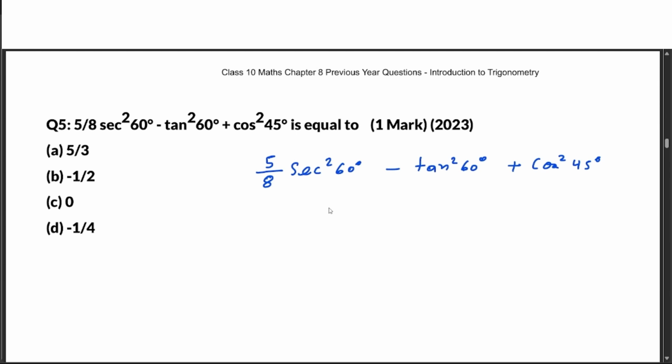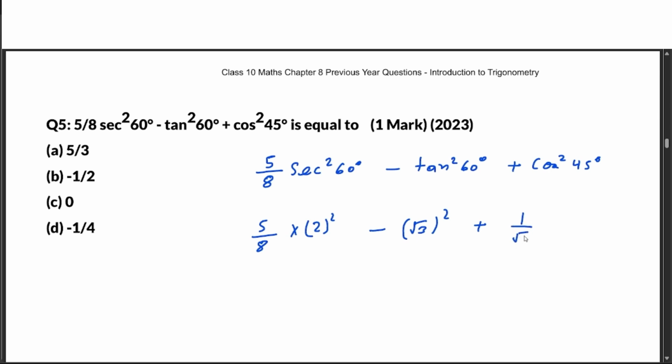Okay, so you can just directly substitute the value. So 5 over 8 times, and how much you will get sec square 60, that is 2. So you can say 2 square, minus tan square 60. So tan 60 value is coming how much? Root 3. So you can say root 3 square. Okay, same with plus cos square 45. So cos 45 value is coming 1 over root 2.